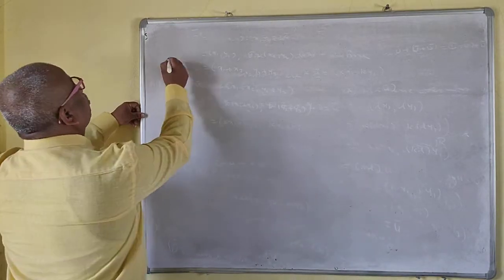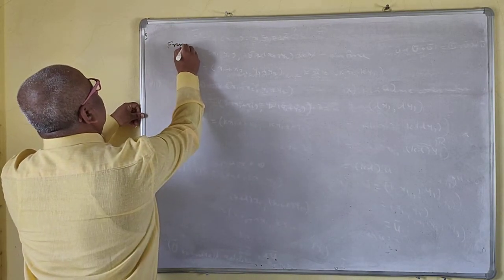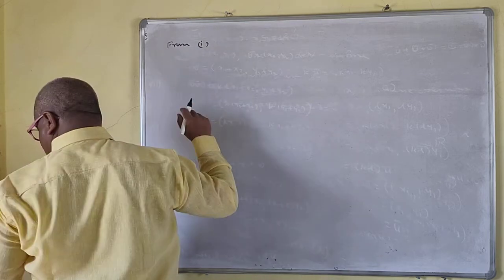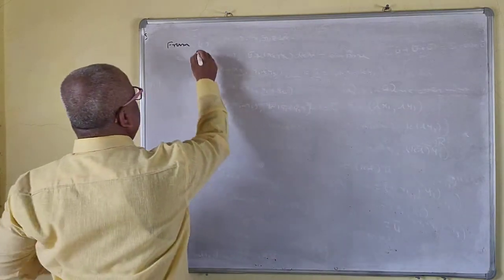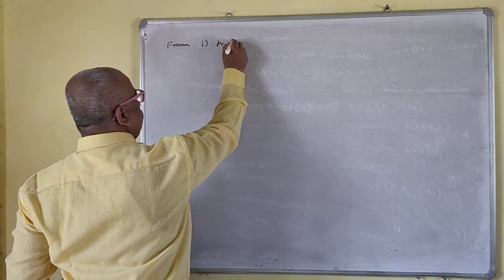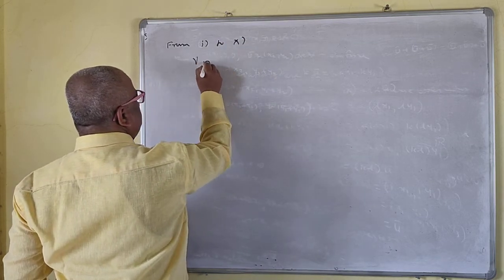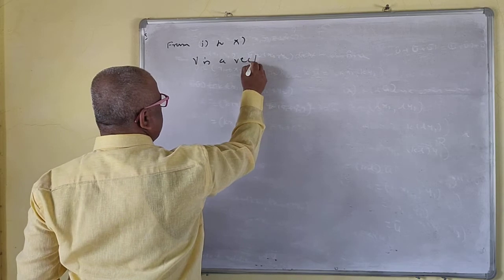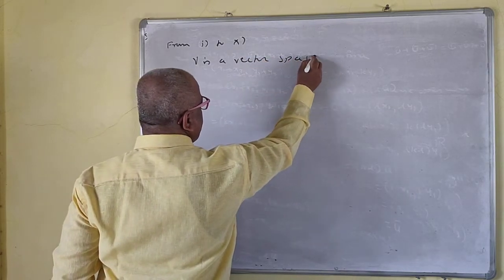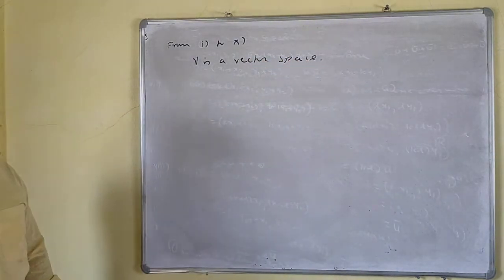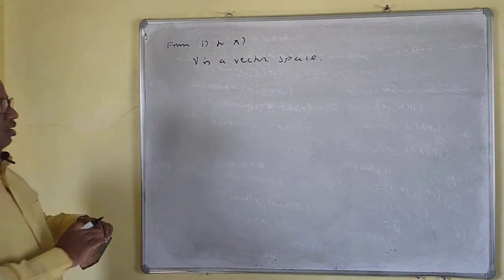So from first to 10, V is a vector space. This is your final answer.